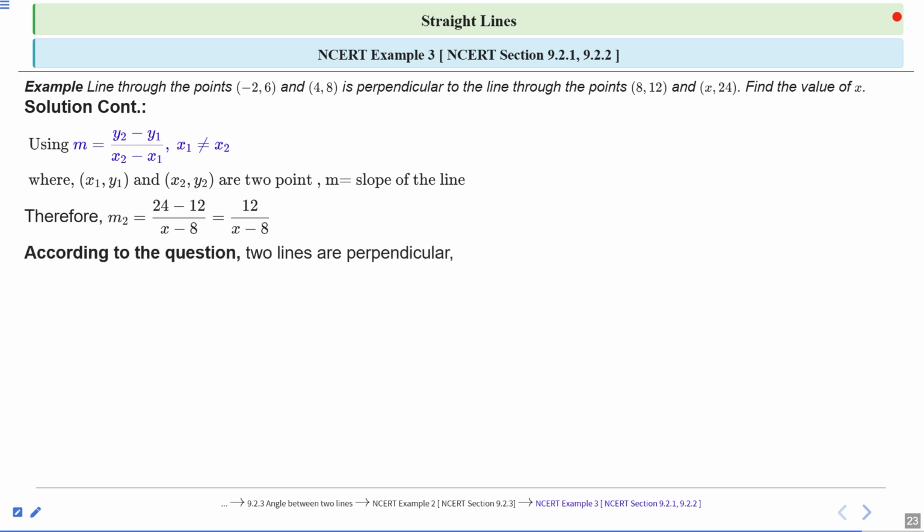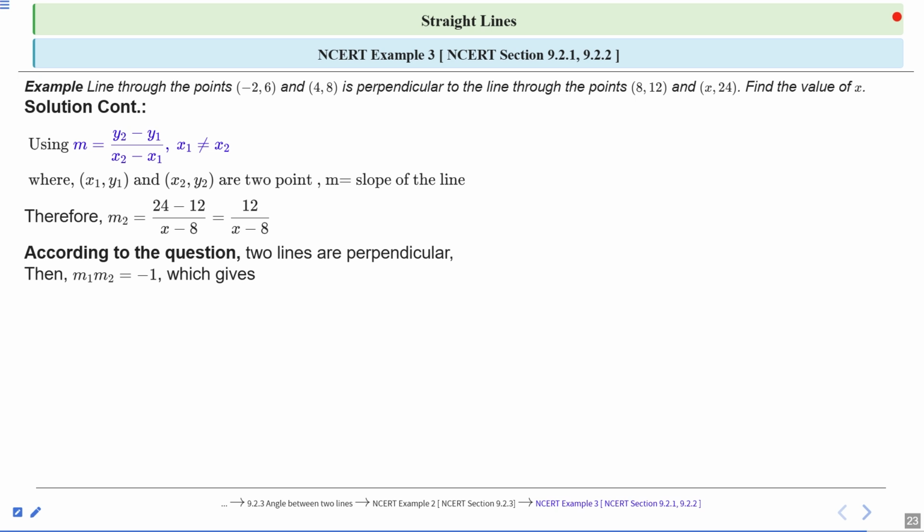According to the question, the two lines are perpendicular. We have studied that if two non-vertical lines are perpendicular to each other, then the product of their slopes is equal to -1.